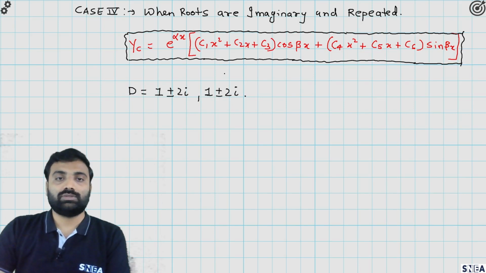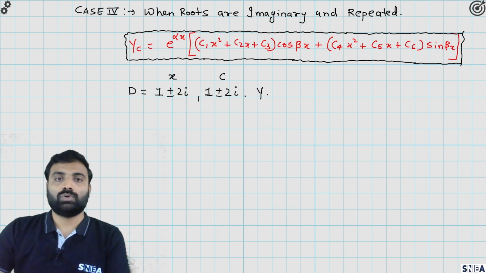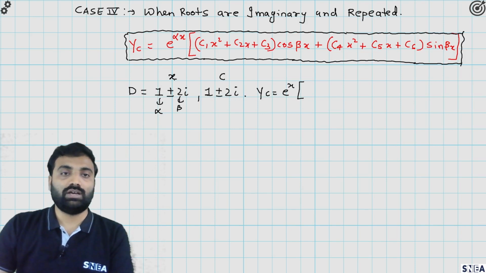So you have to write down c and this x. So yc will be equal to e raised to, what is the value of alpha? 1. What is the value of beta? 2. e raised to 1x, that means x. Okay, so we have e raised to x here.